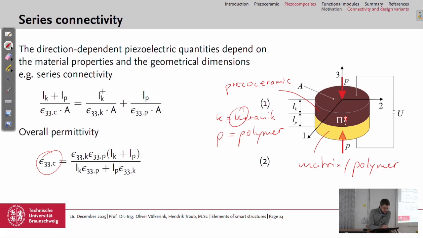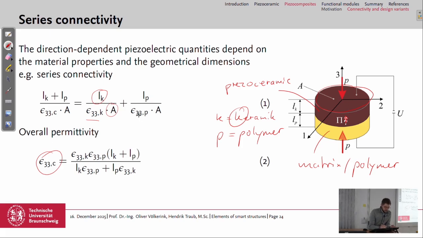So the length Lk divided by the permittivity of the ceramic times the cross section, which is the same for both, A, plus Lp divided by the permittivity of the polymer times the cross section.